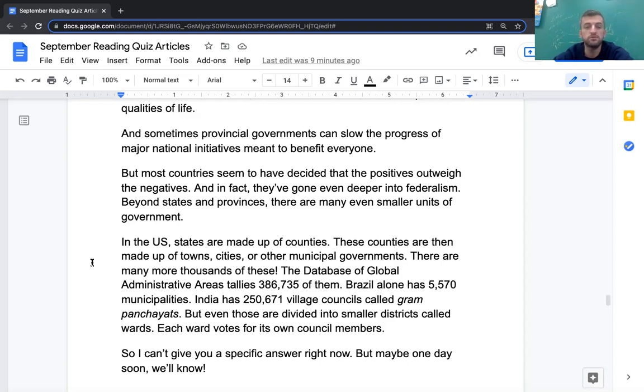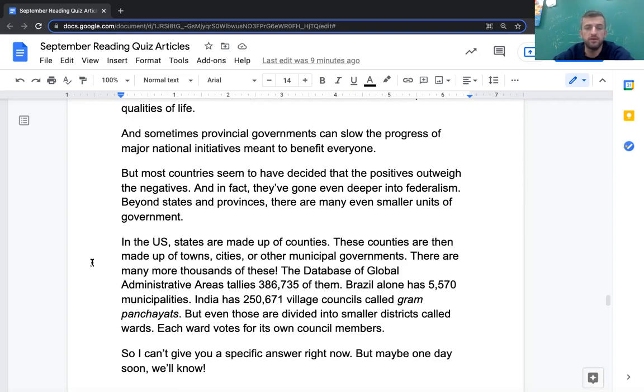The Database of Global Administrative Areas tallies 386,735 of them. Brazil alone has 5,570 municipalities. India has 250,671 village councils called Gram Panchayats.